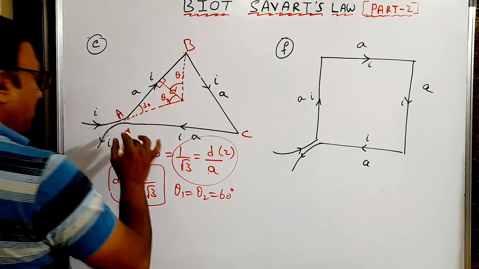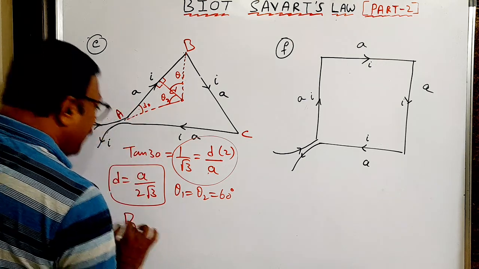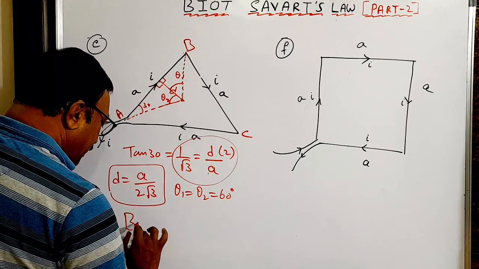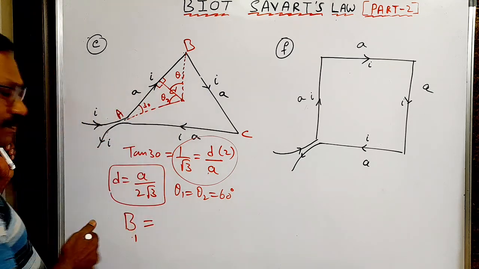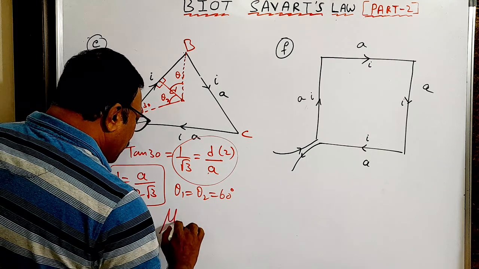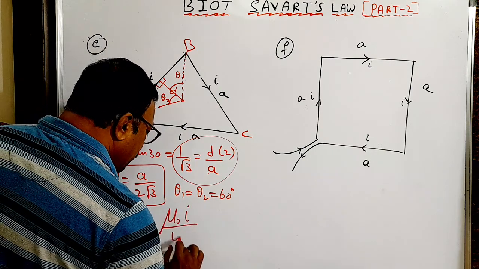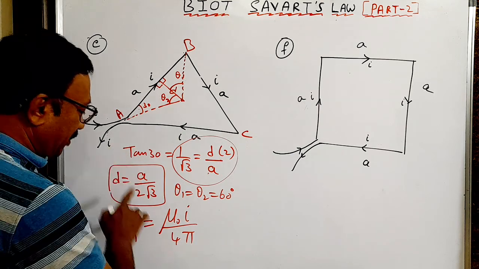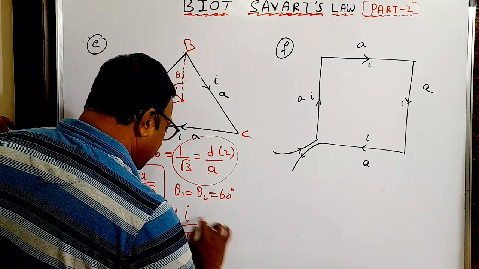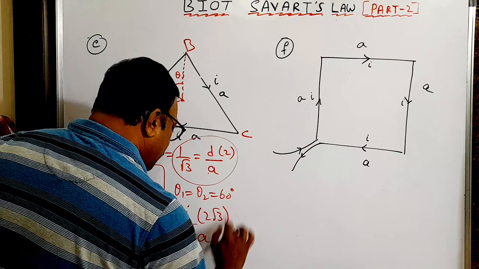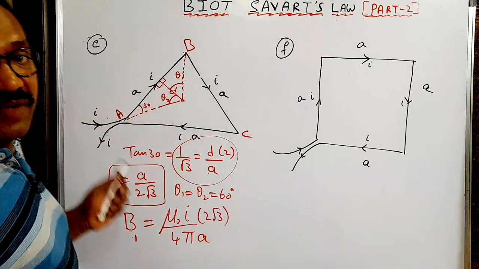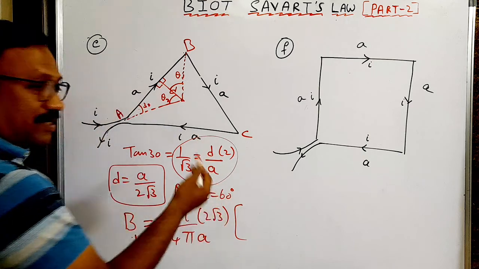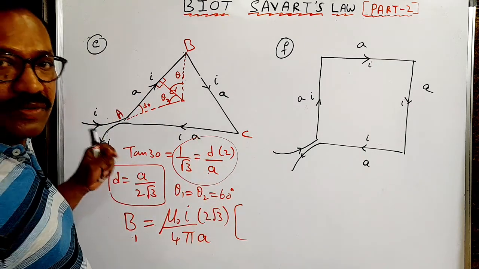Now, I will come to the formula. So the magnetic field at this point due to the wire AB, I will call it B1, okay? What is the formula? Mu naught I by 4 pi d. d is the perpendicular distance, it is very much here, A by 2 root 3, into sin theta 1 plus sin theta 2. That means sin 60 plus sin 60. That is root 3 by 2 plus root 3 by 2.